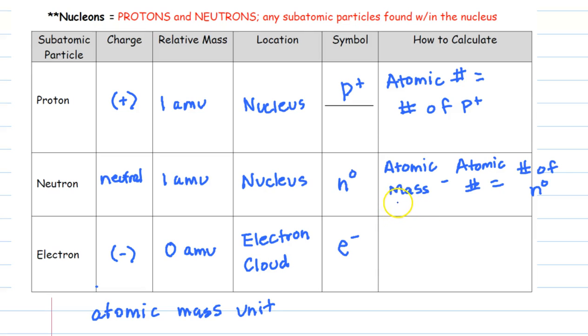So if we take the mass of sodium on the periodic table, which is 22.99, and we round it to a whole number, 23, if I subtract the atomic number of 11 from it, that's going to leave me with 12. And so sodium has 11 protons and 12 neutrons.